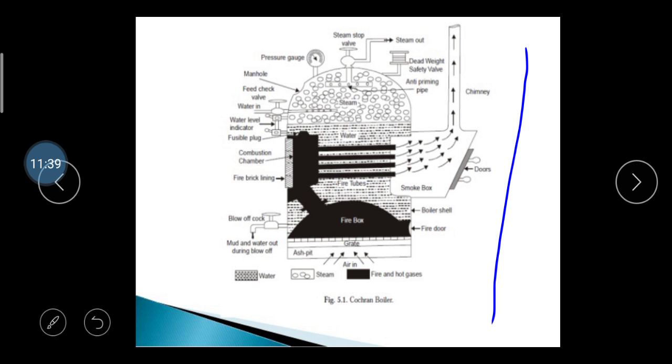Here you can see there are the overall technical parts of these Cochrane boilers.